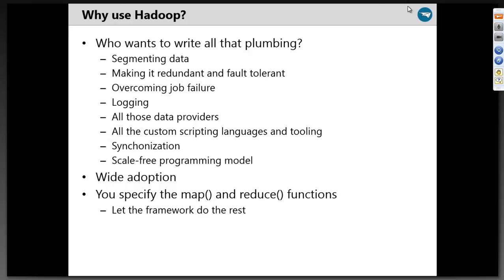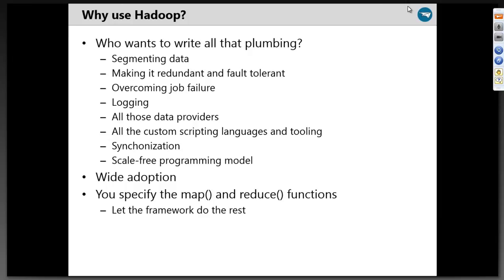And then in addition, because people are using Hadoop, all sorts of different people and organizations are releasing scripting languages and tooling and libraries and YouTube videos, and because the framework exists already and everybody's teaching it and everybody is augmenting it, we get a lot of lift from very powerful teams for very little effort.